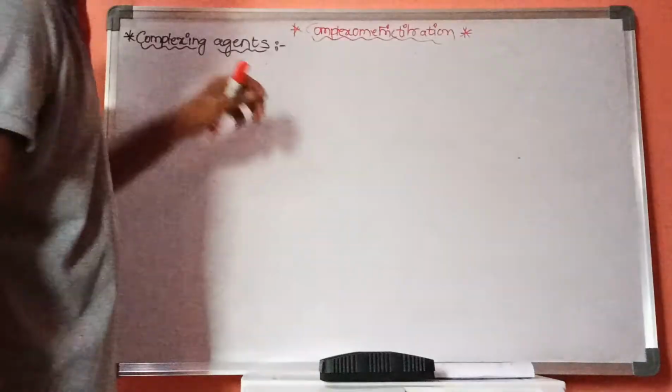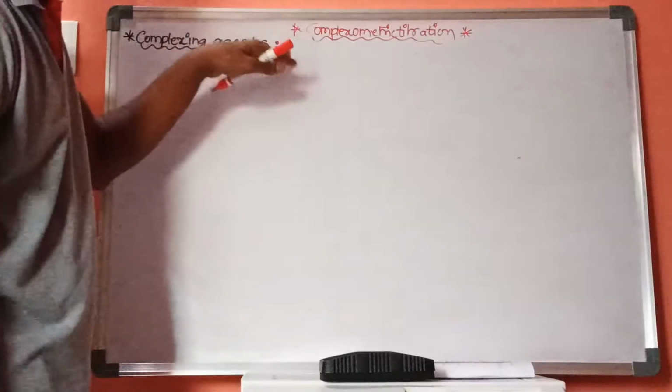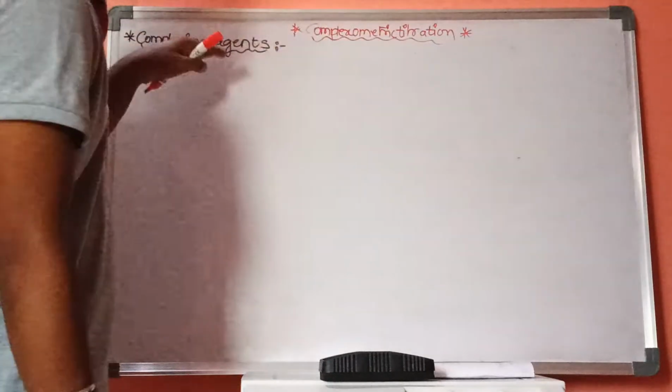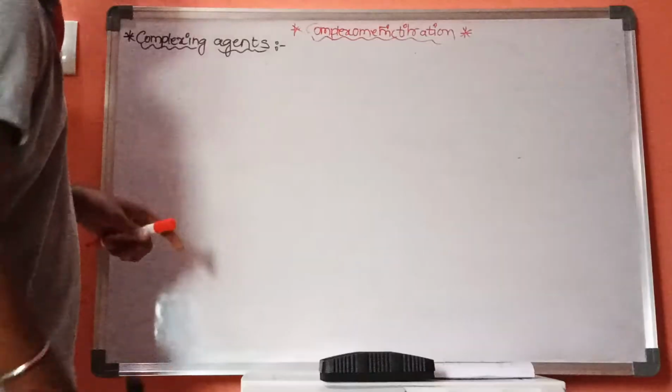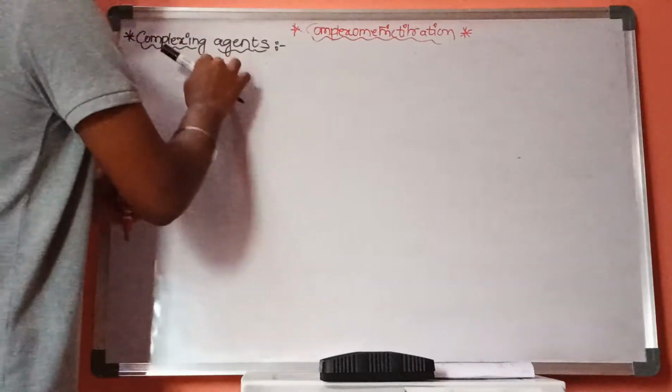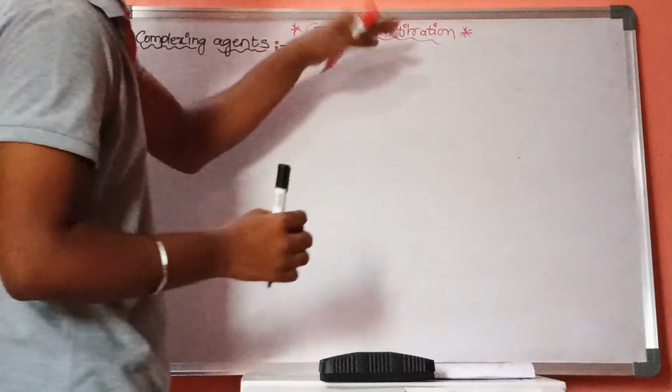What are complexing agents? Complexing agents are the agents which are used for the formation of complex product. Now let us discuss how many types of complexing agents are used in complexometric titrations.